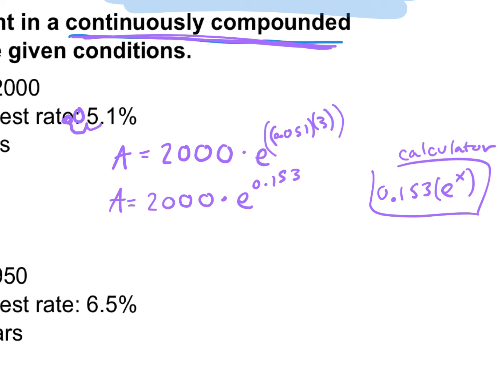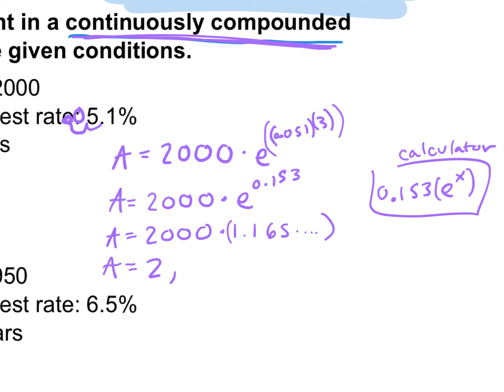You can always check your answers with what we got in class to see if you're putting it in the calculator right. So we have 2,000 times 1.165... We want to keep it in our calculator so we have as many decimal places as possible. Lastly, we just multiply times 2,000.